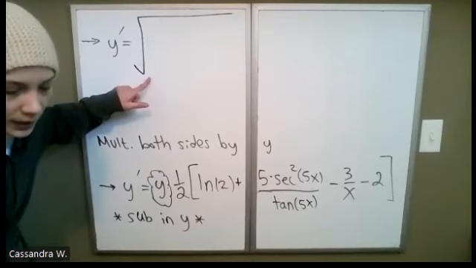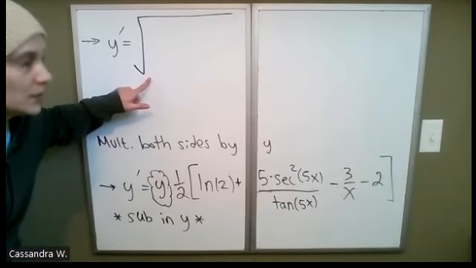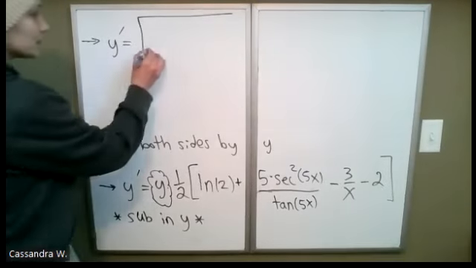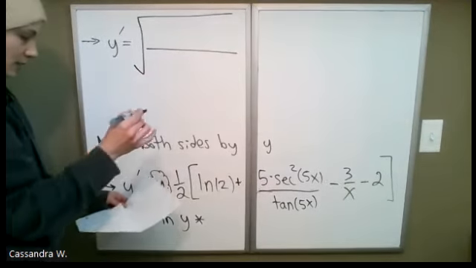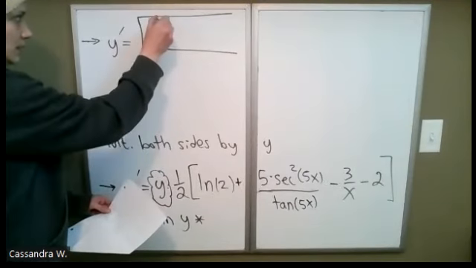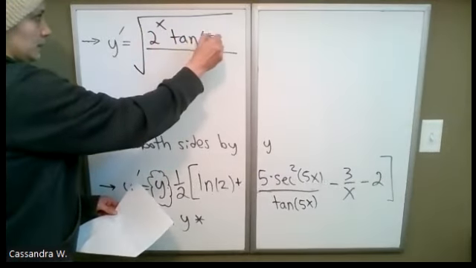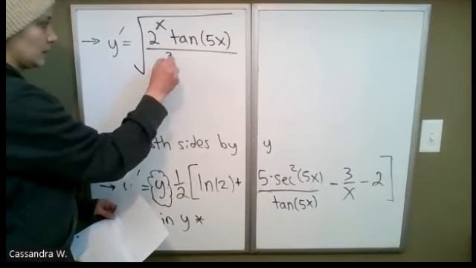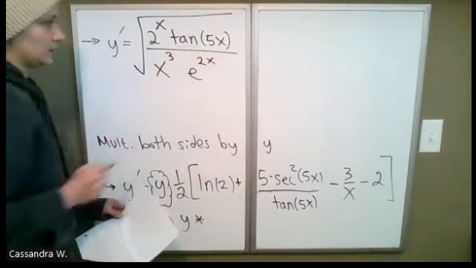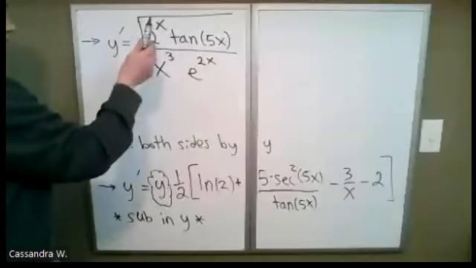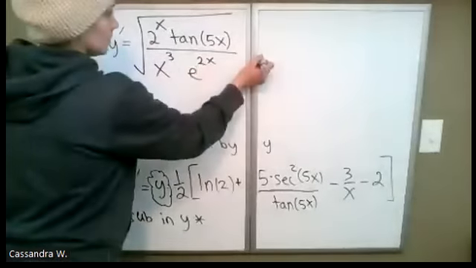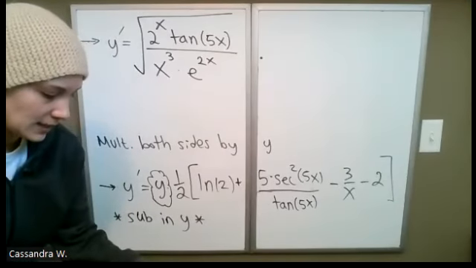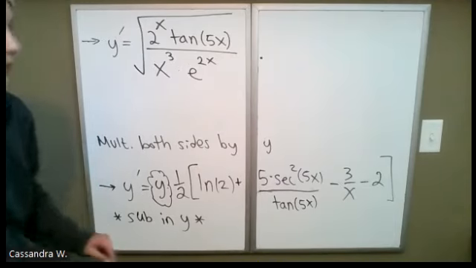Okay, so here's my y, which is the root of 2 to the x times tangent of 5x over x cubed times e to the 2x. Okay, so we got that root, multiply it with the 1/2, and then inside is that ln of 2.